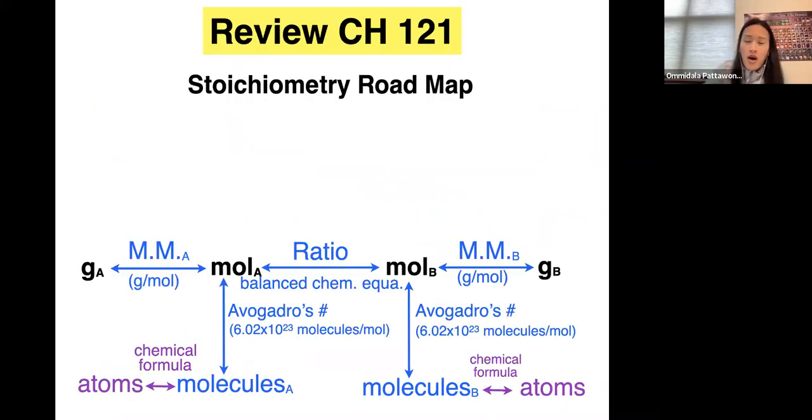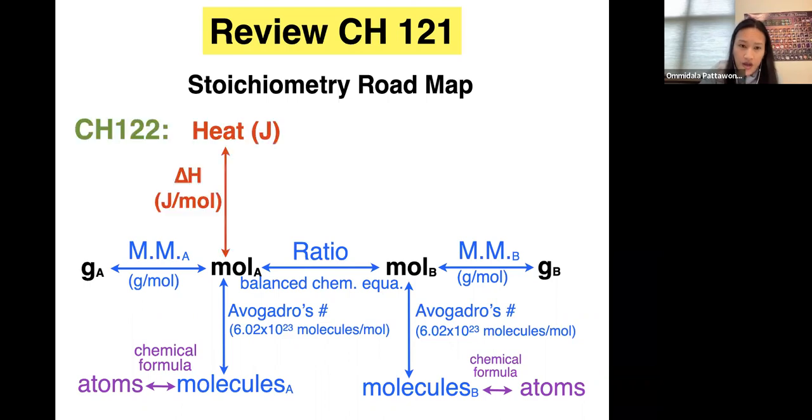So that's pretty much it for this chapter section. In this section, we tie stoichiometry, which we learned in 121, together with heat or enthalpy of reaction. So this is part of 122. It falls into this mole conversion part of Chem 121.